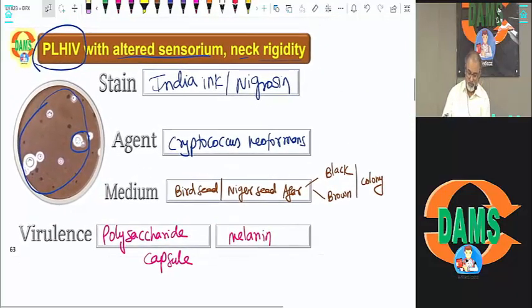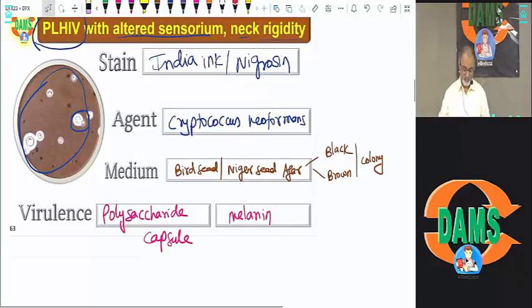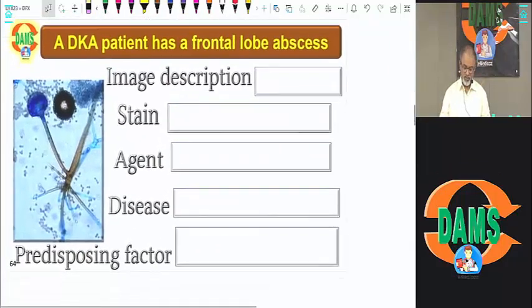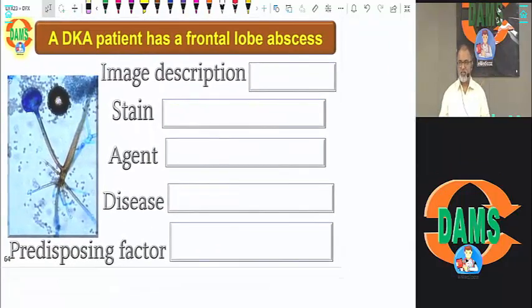This is a patient with altered sensorium, neck rigidity. Got it? Next is, what is DKA? Diabetic ketoacidosis. Patient with frontal lobe abscess. Anybody? Uncontrolled diabetes. Image description, what can you see?